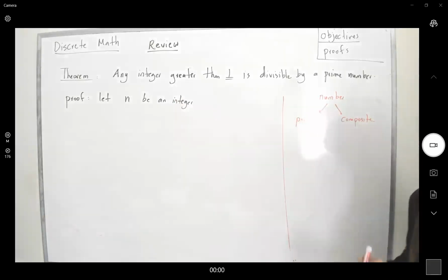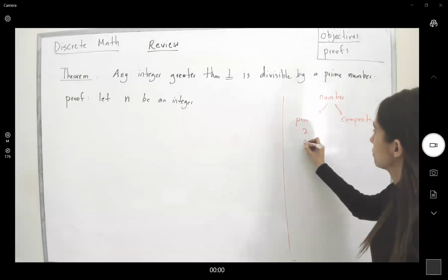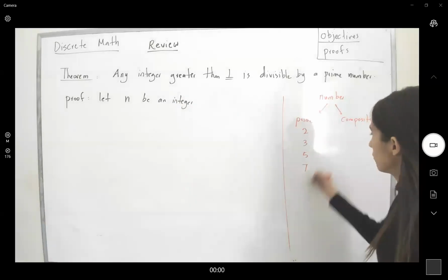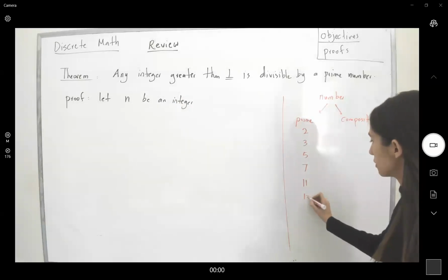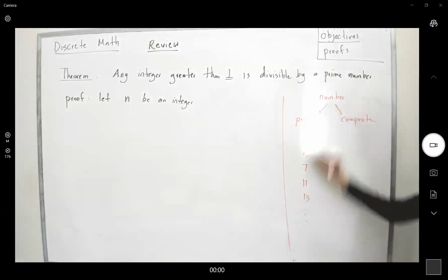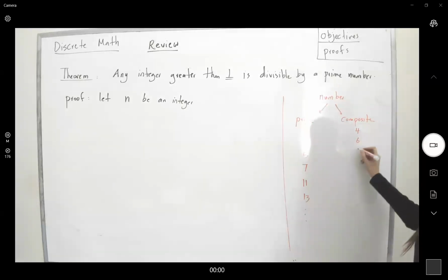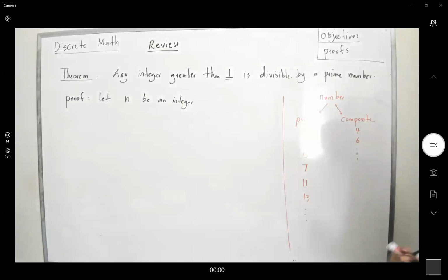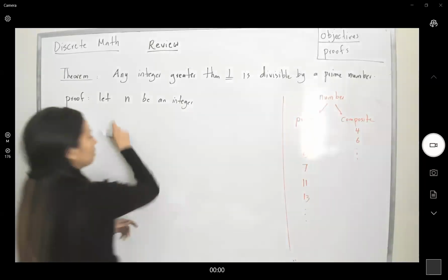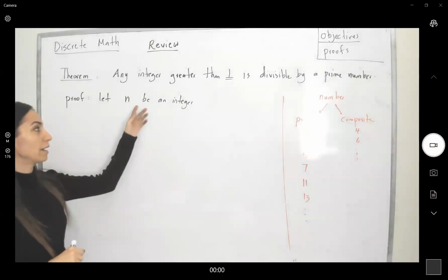You can select 2, 3, 5, 7, 11, 13, and the rest of them. It can be prime or it can be composite, like 4, 6, the rest of the composite numbers. So you're randomly selecting an integer.